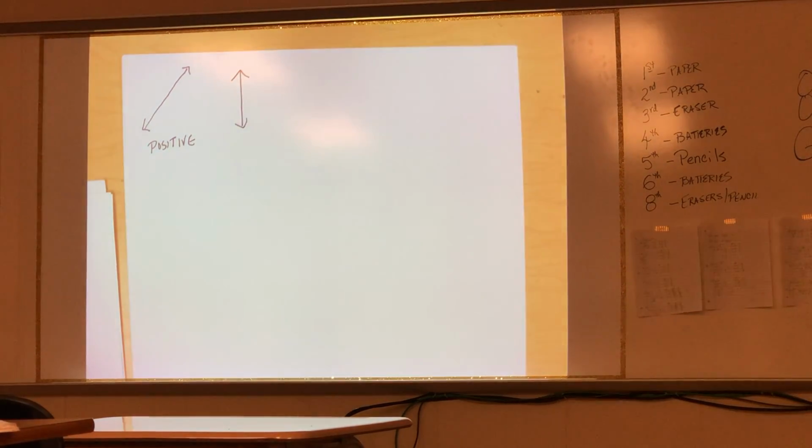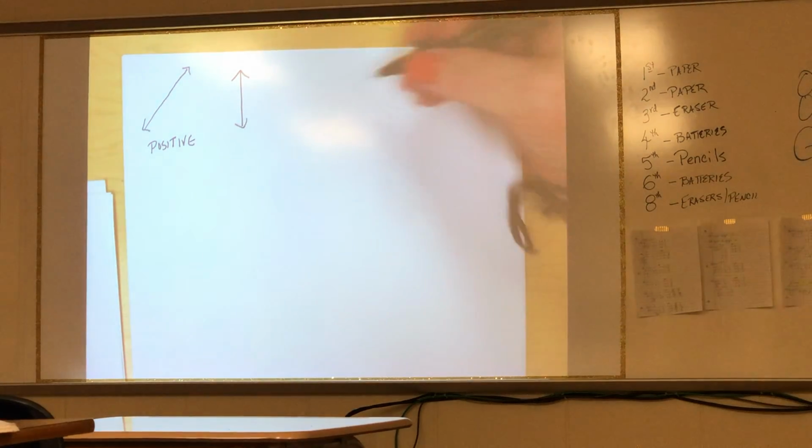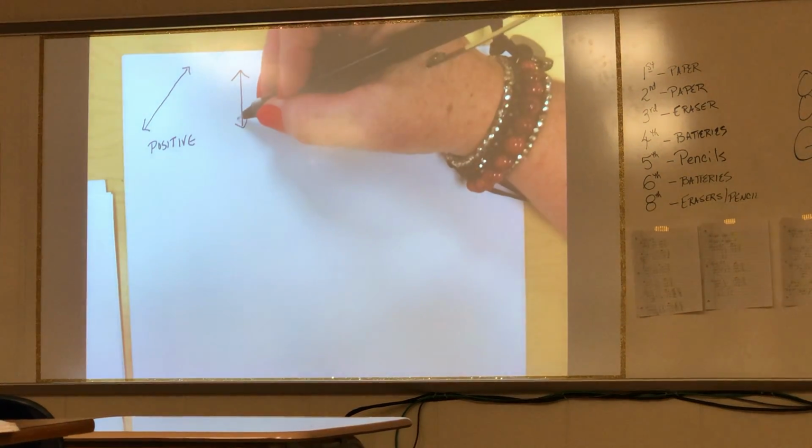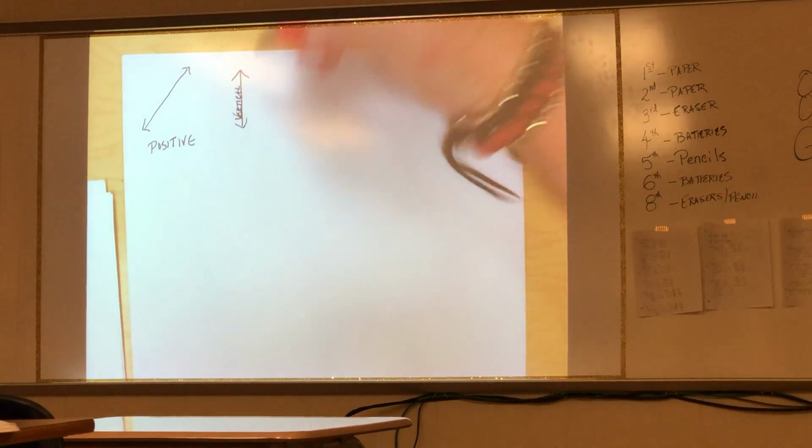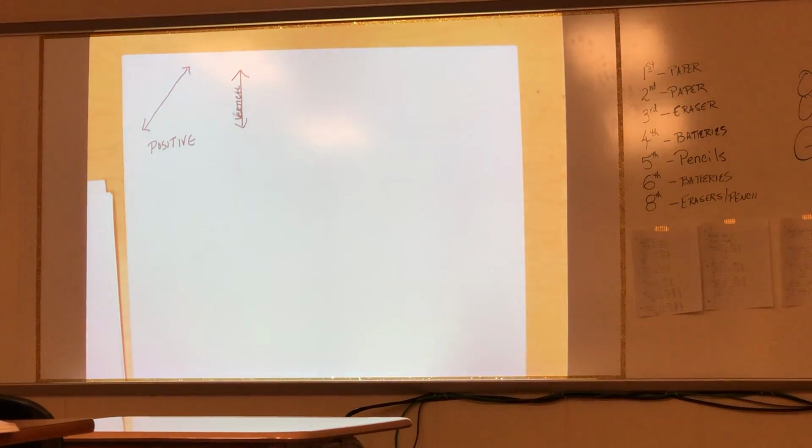Now, what about this one right here? What kind of slope does it have? Well, okay, let's do this. What kind of line is it? What's it called? Okay, so it's a vertical line. What kind of slope does a vertical line have? None. Or none? Listen to me.